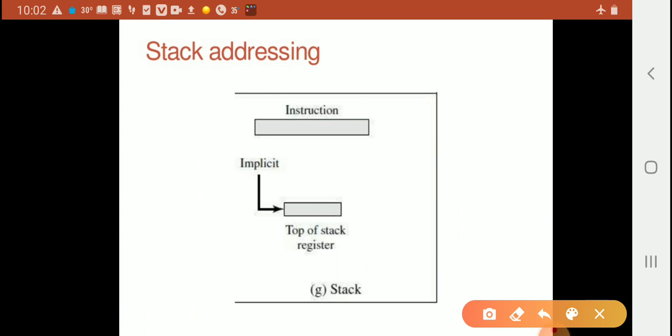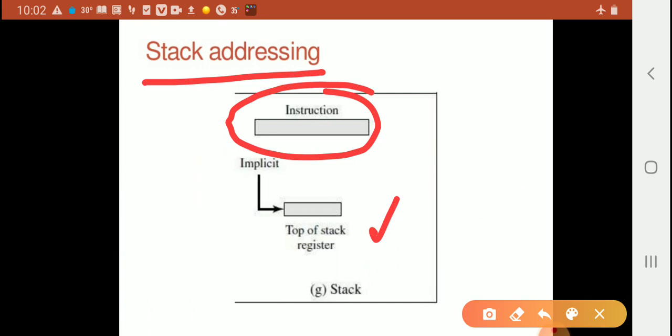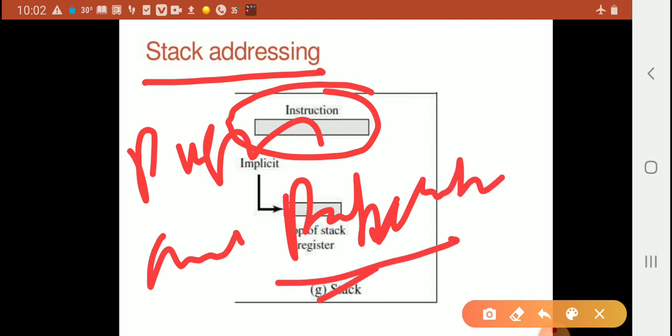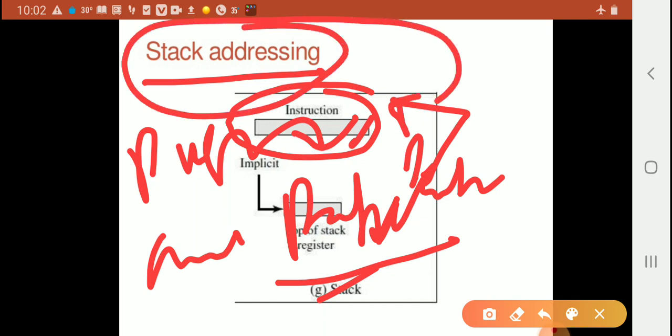So the top of stack register in the microprocessor instruction set stores the pushed data and popped data. Push and pop operations define the stack addressing mode.